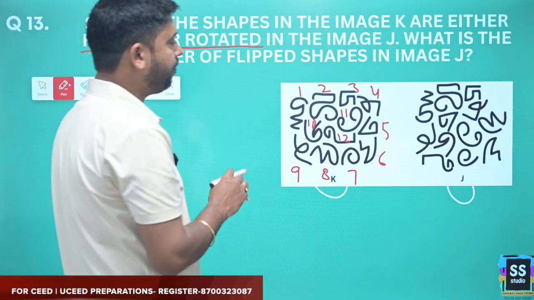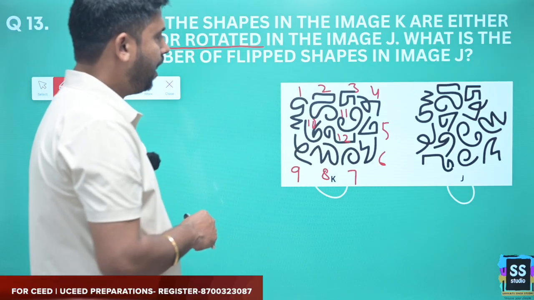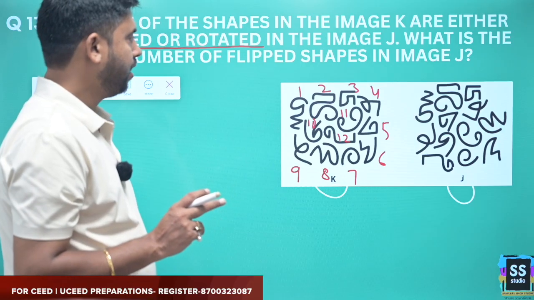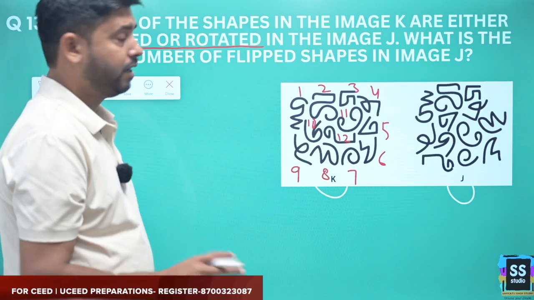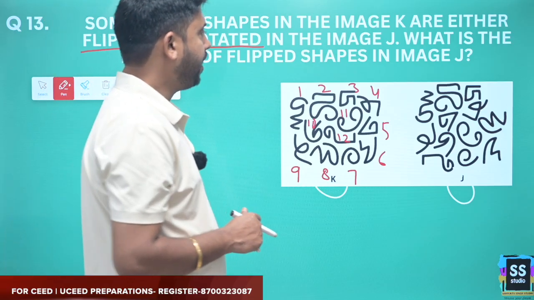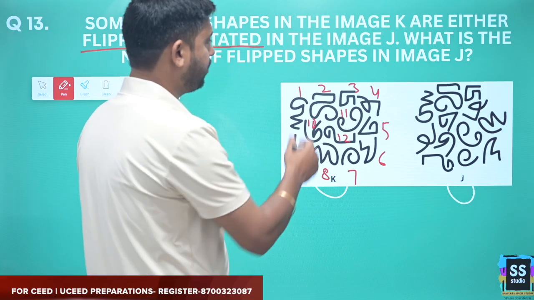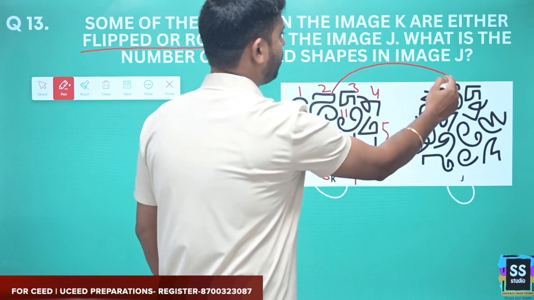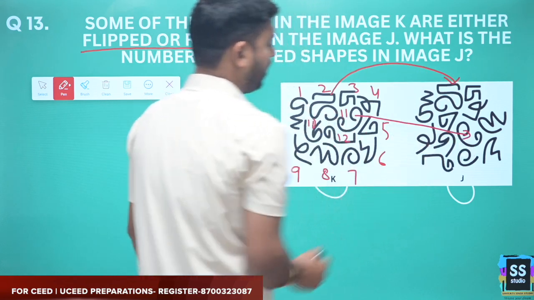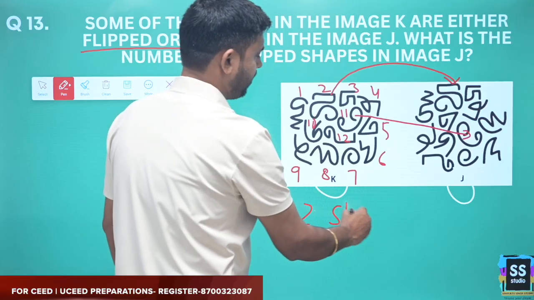So if you look carefully here, most of the shapes are rotated instead of flipped. I have already done the calculation. If you will see, number 2 and number 11, only these two shapes are flipped.